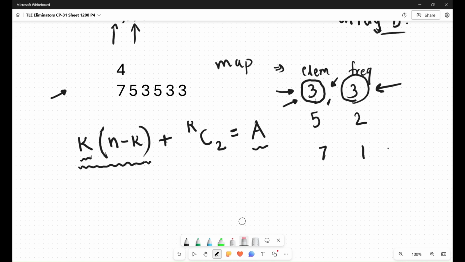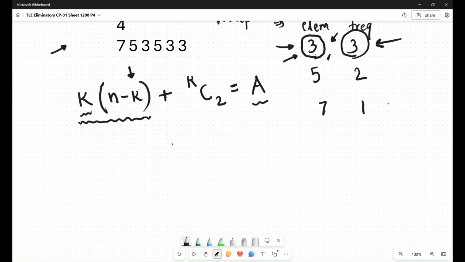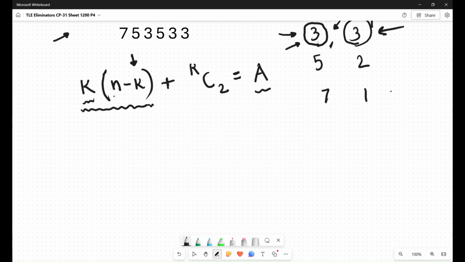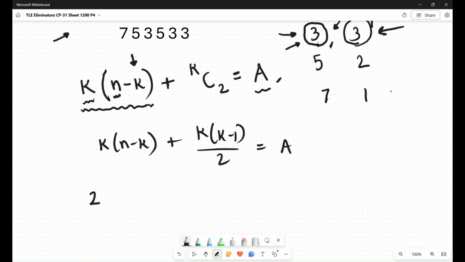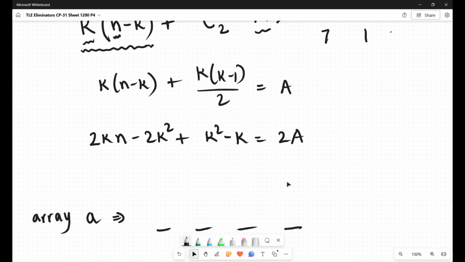Okay, so remember that we are doing this for the minimum element right now. Let us solve this quadratic equation. I know n, I know a, so basically it will be k into n minus k plus k into k minus 1 by 2, this is k choose 2, is equal to a. Then 2k into n minus 2k square plus k square minus k is equal to 2 times a, just multiplying by 2.